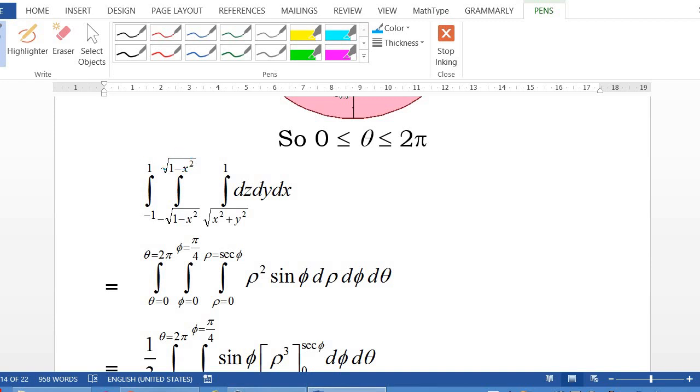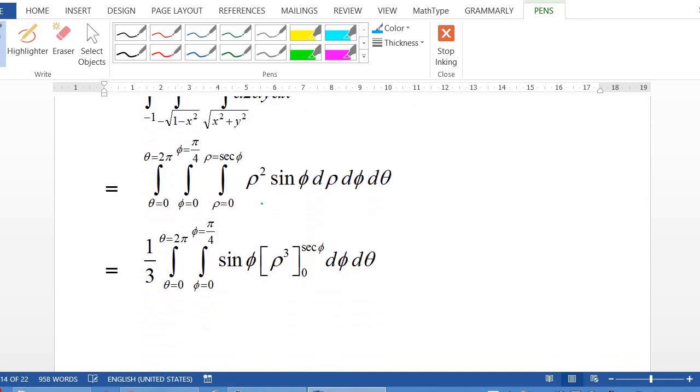That's why theta is from 0 to 2 pi. Solving the cone equation, you get phi from 0 to pi over 4. Solving z equal to 1, you get rho from 0 to secant phi. And then dz dy dx is rho squared sin phi d rho d phi d theta.